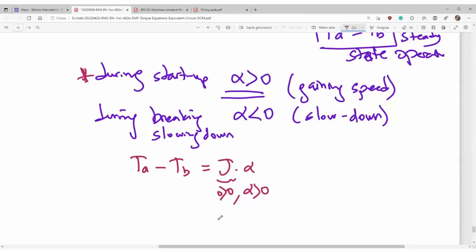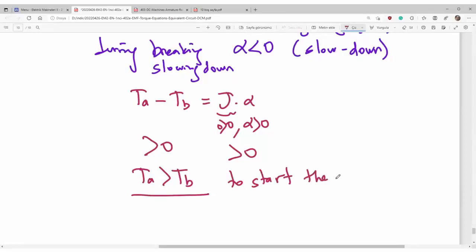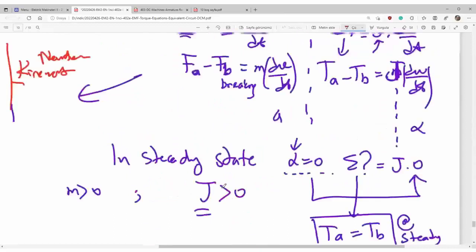Then the right hand side is positive, so the left hand side must be positive. I mean the acting torque must be greater than the braking torque to start the shaft up, to gain speed.